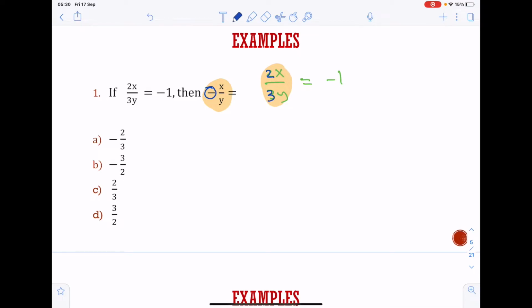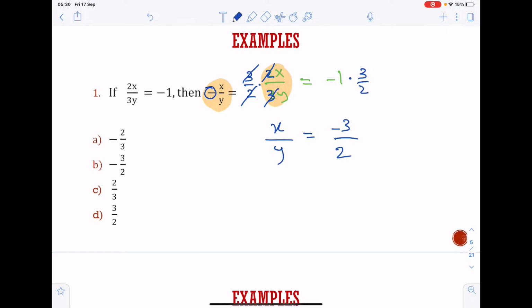Since we don't want the 2 and the 3, we will multiply both sides by 3 over 2, since it is an equation and we don't want to change its value. So this 3 will cancel this 3, and this 2 will cancel this 2, and that's our goal. We're left with x over y equals negative 3 over 2.